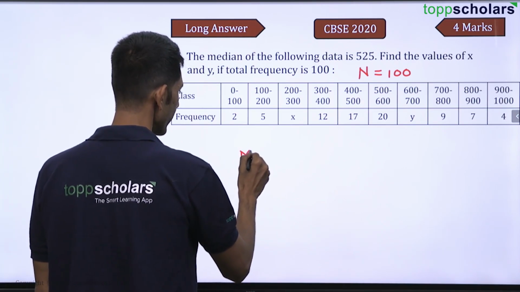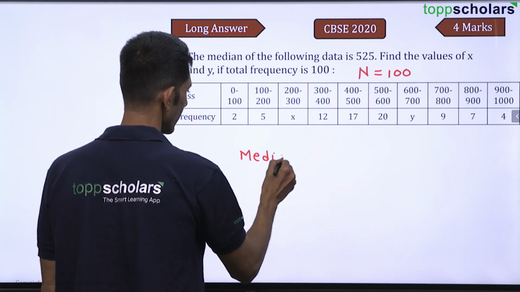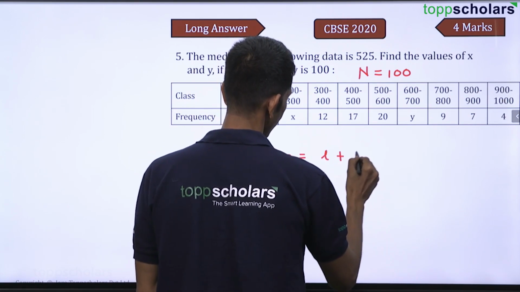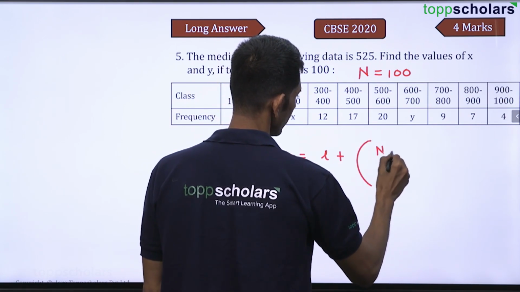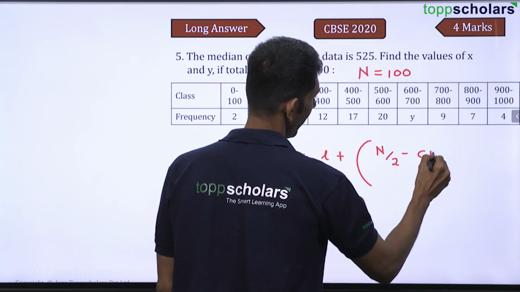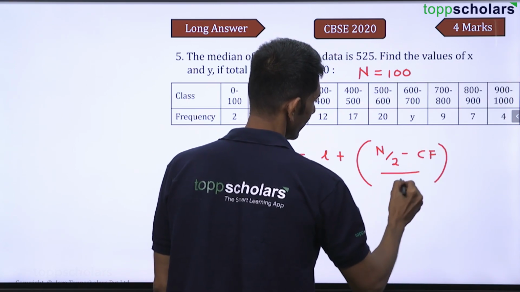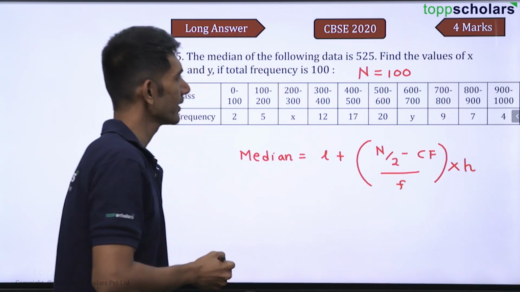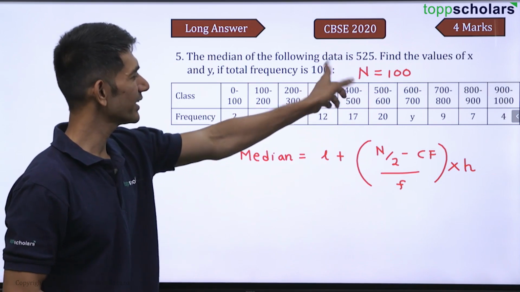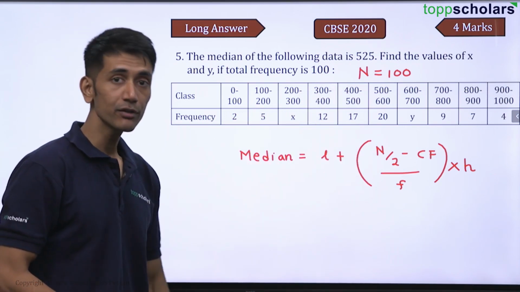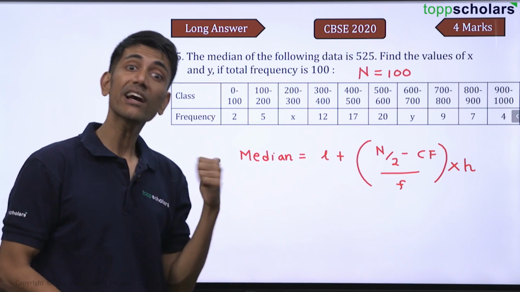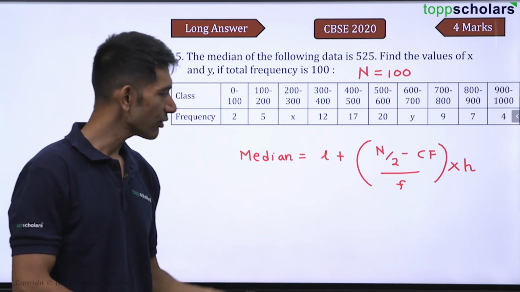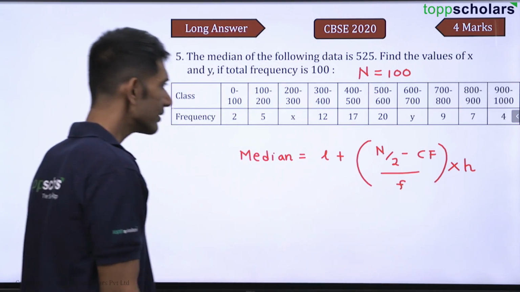The formula for median is given by median of a data is L plus n by 2 minus Cf by f into h. N is already there, you'll take n by 2. Cumulative frequency is always of the preceding class, previous class. Remember, f is the frequency of the median class and h is the class size.